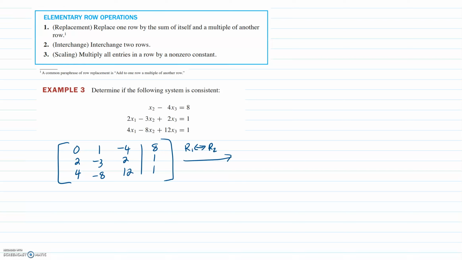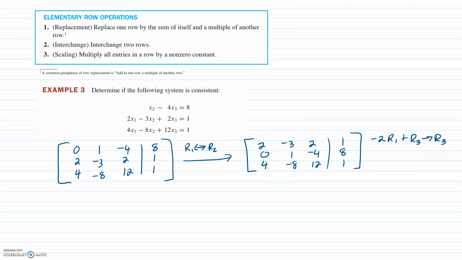If I interchange these 2 rows, I get the first row to be 2, negative 3, 2, 1. The second row to be 0, 1, negative 4, and 8. And then that third row does not change. So now I can multiply the first row by negative 2 and add it to the third row to go into the third row, using this as my pivot. My first 2 rows do not change.